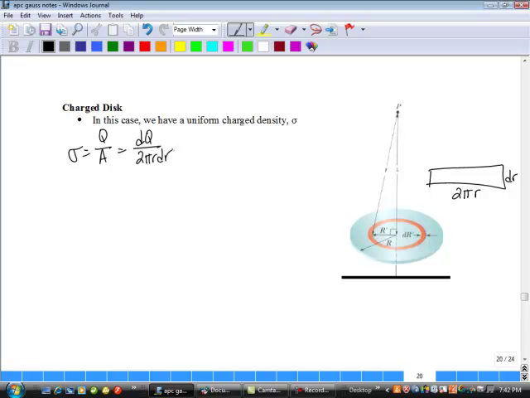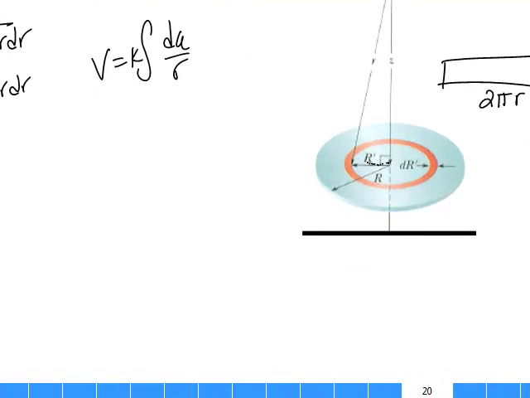And so my area here is going to be 2 pi r dr. And so our potential is the integral of k dq over r. And as I look at this, my dq is going to be lambda 2 pi r dr. And what is going to be the distance? Hopefully you see as I take these little bitty paths here, this is going to be the square root of r squared plus z squared, and so I'll use that for my radius as we go along.